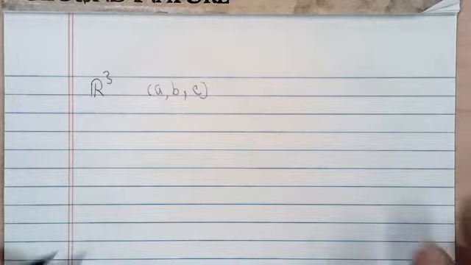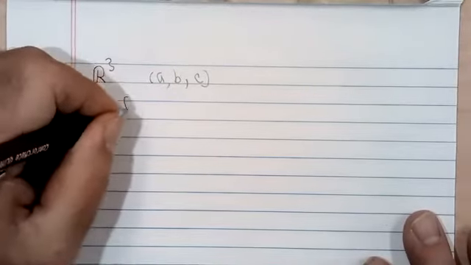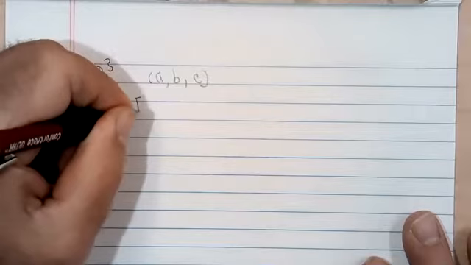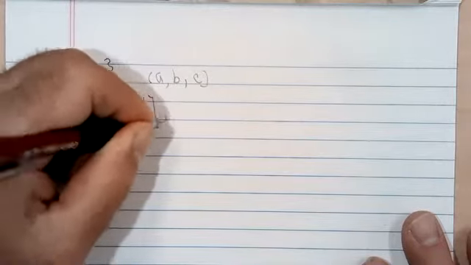So an orthonormal basis, let's start just with an example, R3. Now R3 is composed of 3-dimensional vectors, things that look like a, b, c, and you could write them in horizontal or vertical format, whatever makes sense. Now, we know that the standard basis for this vector space is i, j, k, but I'll write them as matrices.